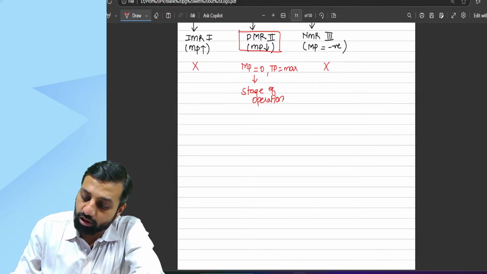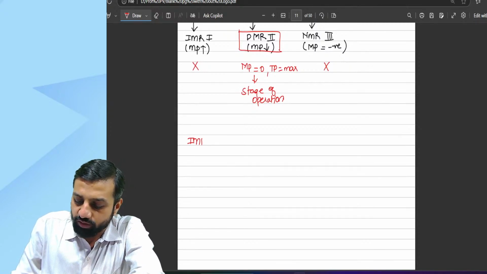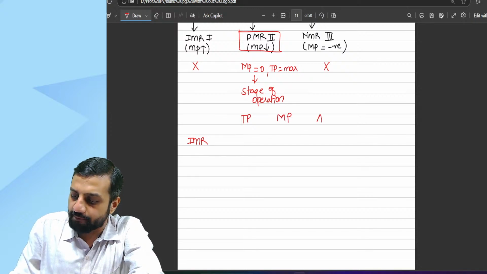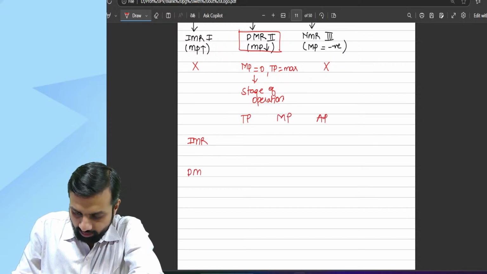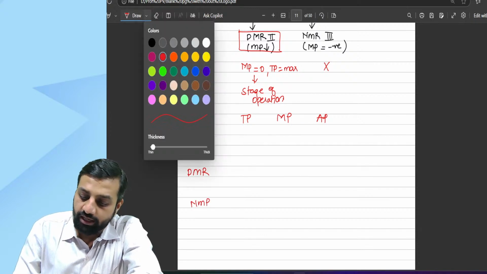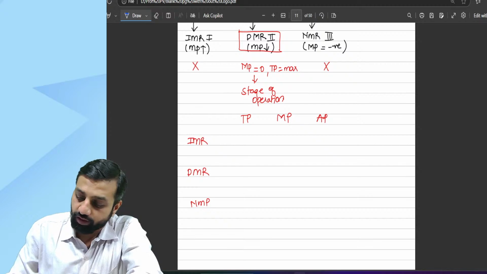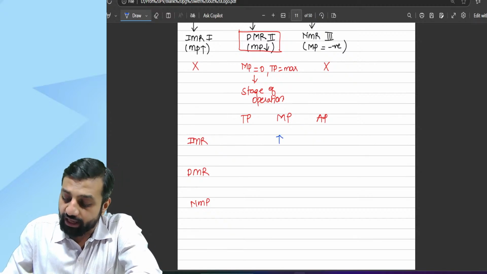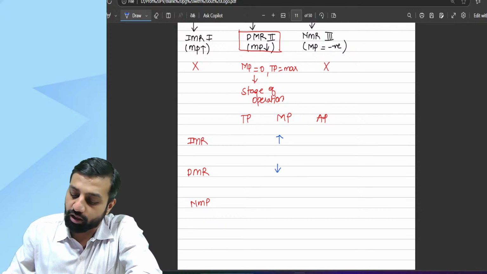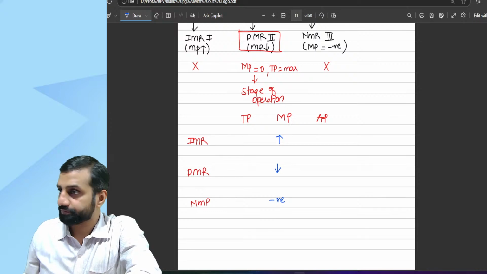I hope we are also aware that in stage 1, IMR, TP, MP, AP, what will happen to them in different stages? In stage 1, MP rises, stage 2, MP falls, stage 3, MP is negative.